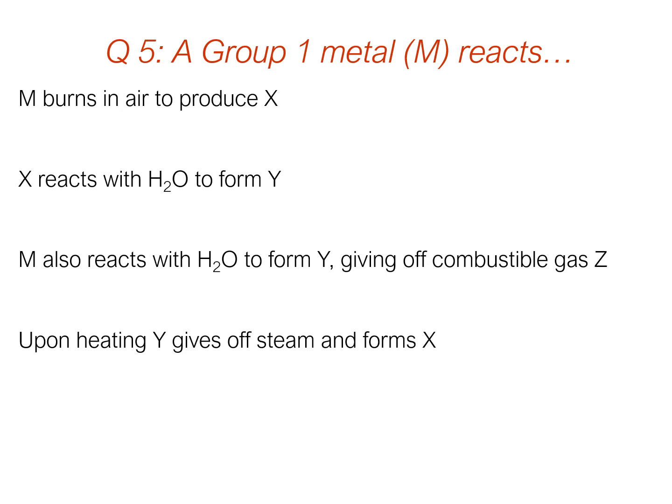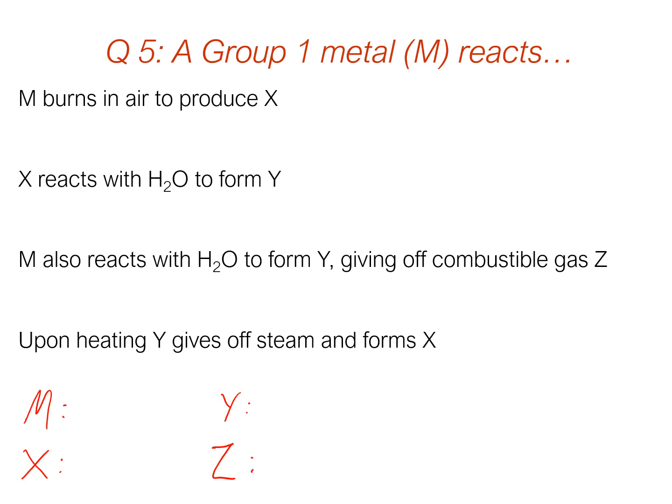So to summarize it, the group 1 metal, which is M, burns in air to produce X. This then reacts with water to form Y. The metal itself, M, also reacts with water to form Y and gives off combustible gas Z. And upon heating, Y gives off steam and forms X. So we've got 4 things we need to find out: M, X, Y, and Z. And I'll take you through each reaction in turn and how we can work out which is which.